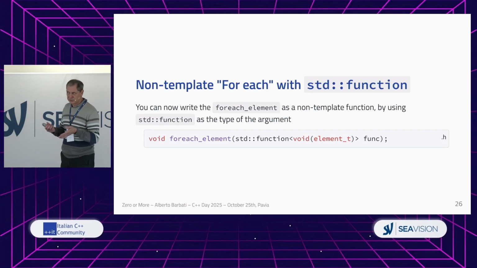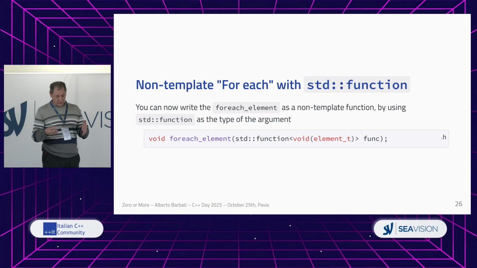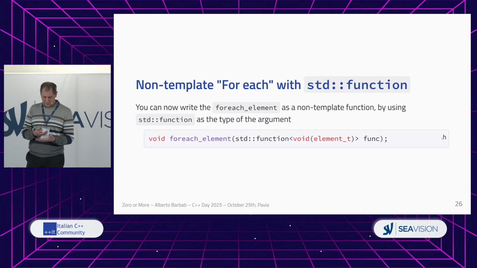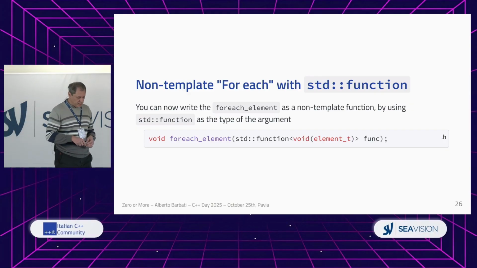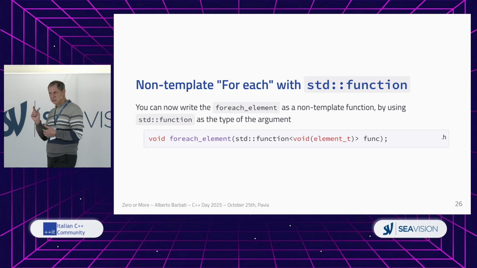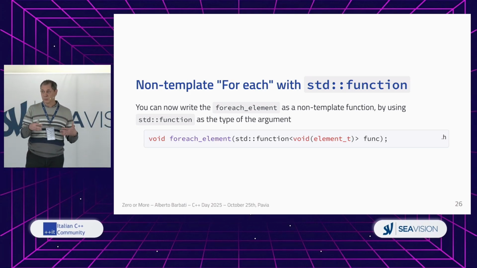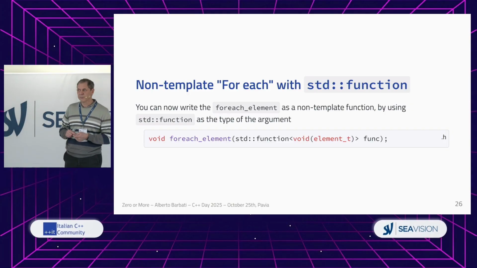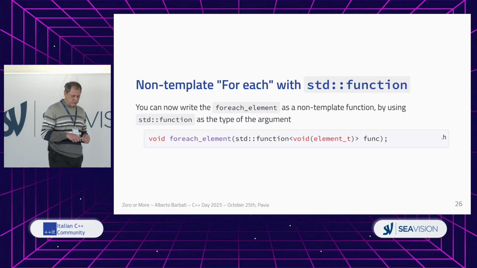Of course, there is a drawback because if you have a large object with large state, then std function must allocate some kind of memory onto the heap. So there is a dynamic allocation involved. If the state is small, most libraries have small object optimization, so the state is actually stored into the std function. But if the state is large, then there is some dynamic allocation involved.